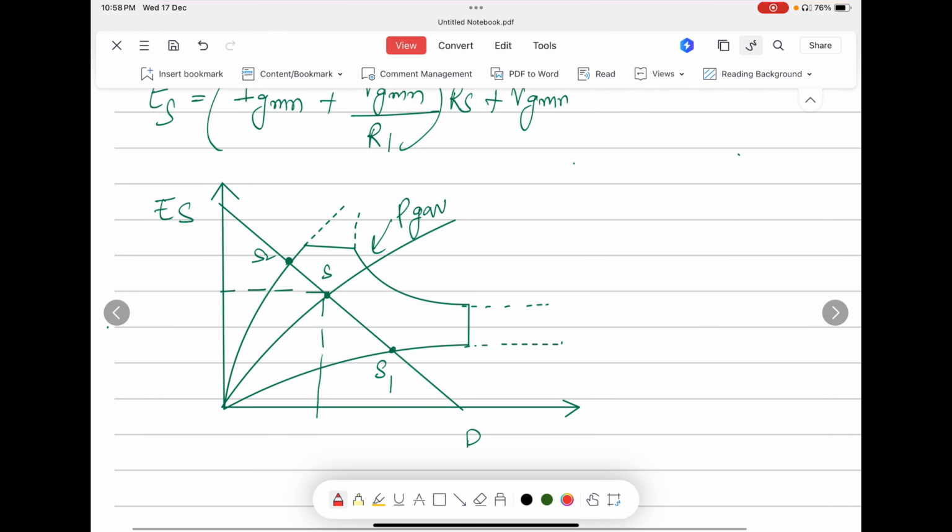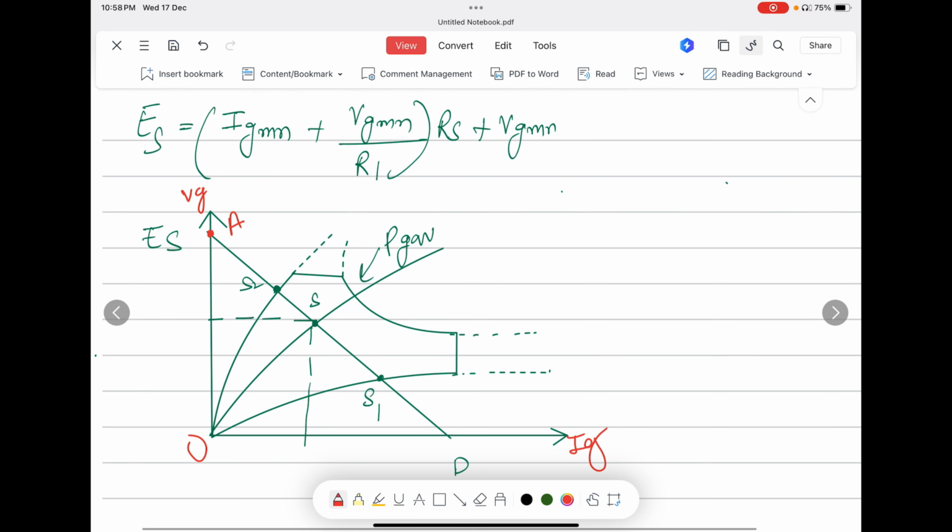Also we can plot the graph here between gate voltage and gate current, and this is same as the previous graph, but here what we have done, we have taken the value ES at point OA. OA is drawn as this AD.